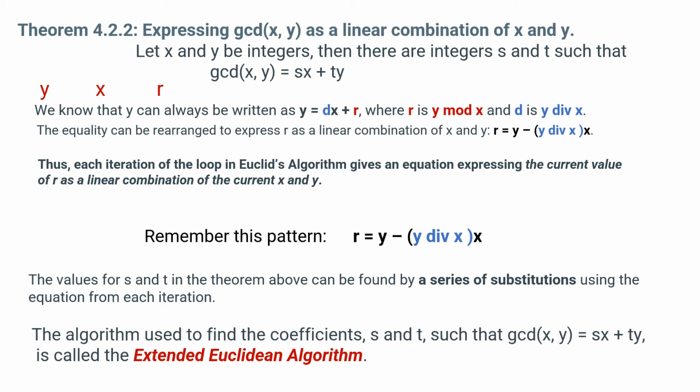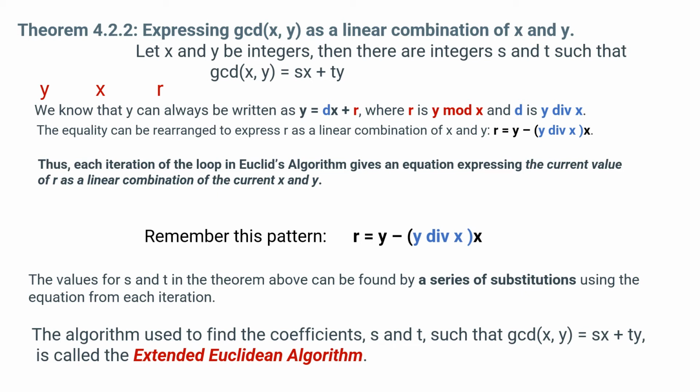The algorithm used to find the coefficients s and t such that the GCD equals sx plus ty is called the extended Euclidean algorithm. So we're going to do the same thing as we just did, but a little bit more, which is use this equation during each iteration, and then eventually use those equations to find the s and the t.